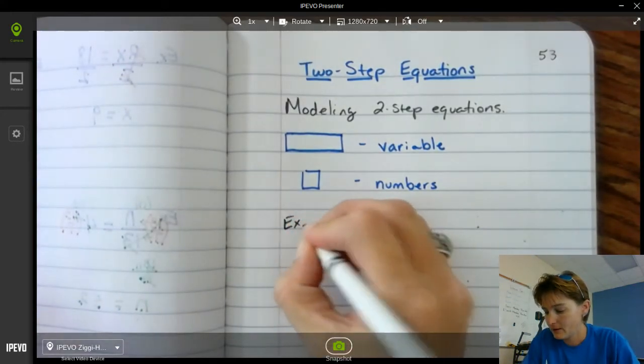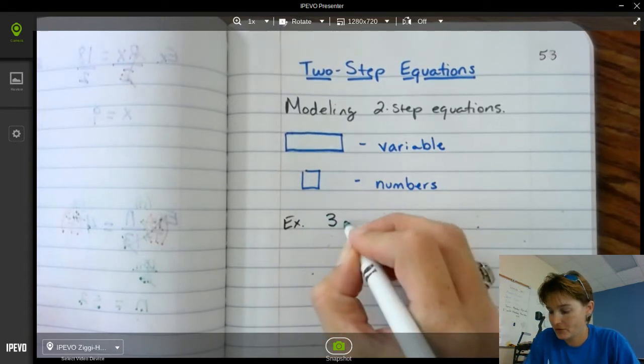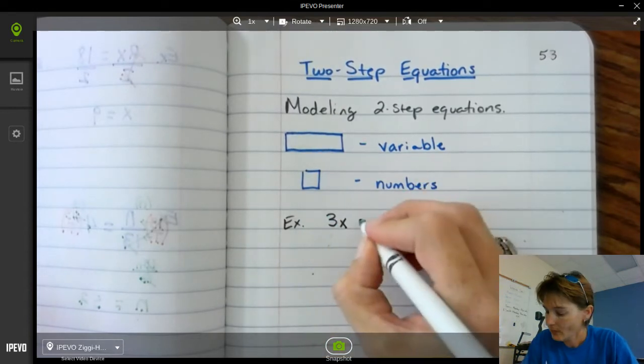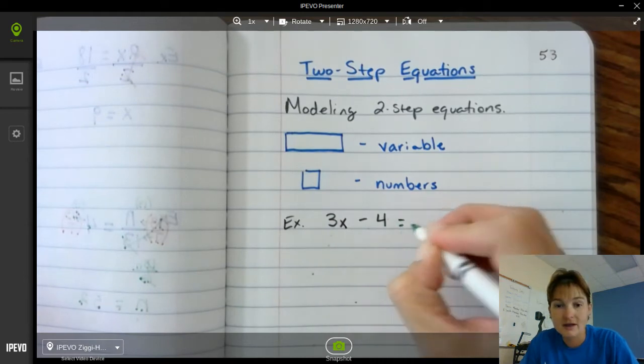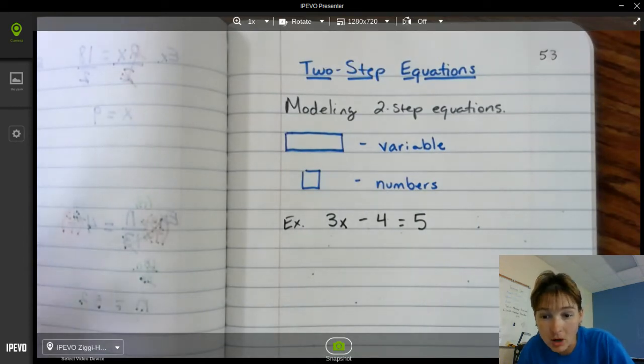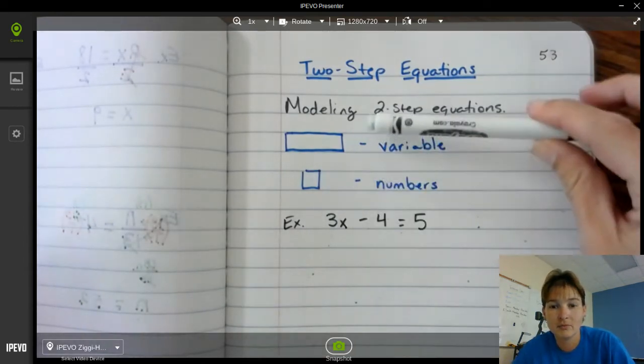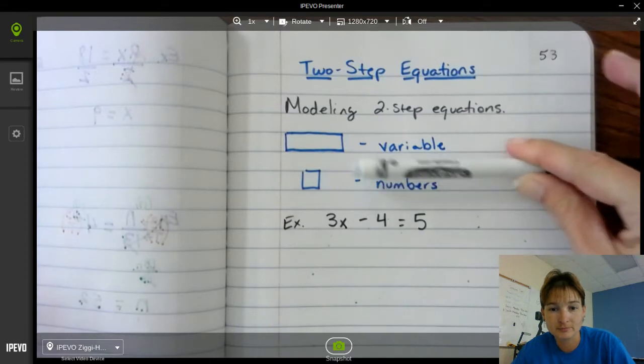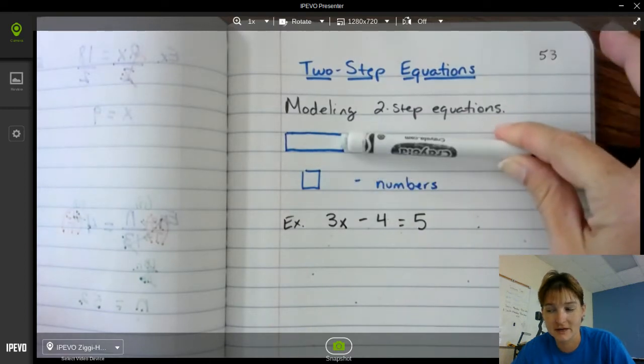All right. What if I have 3x minus 4 equals 5? I want to represent that as a model, or using our variables and our numbers with these boxes or rectangles.